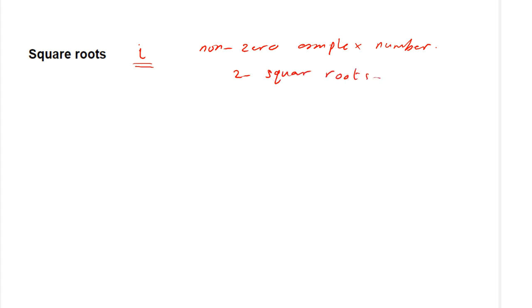And the square roots are plus or minus the square root of 2 over 2 plus the square root of 2 over 2 i. If we take a common factor here, it will be plus or minus the square root of 2 over 2 times (1 plus i), the same.